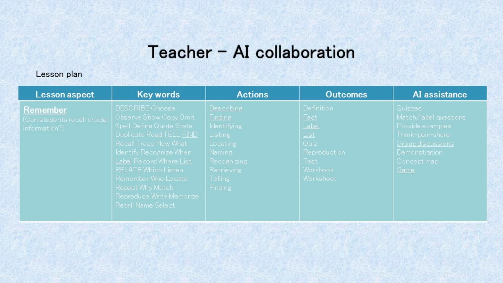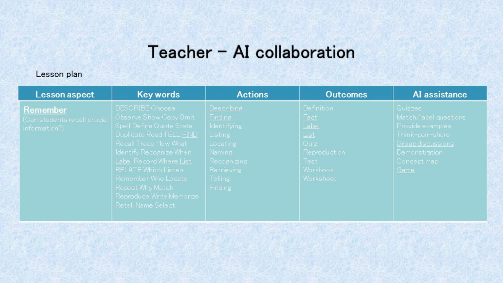Now let's dig deeper and look at a framework for teacher-AI collaboration in class. As you can see, the table is divided into 5 main columns. Lesson aspect or phase that defines the cognitive level of the lesson. Keywords column provides specific vocabulary related to the lesson aspect.